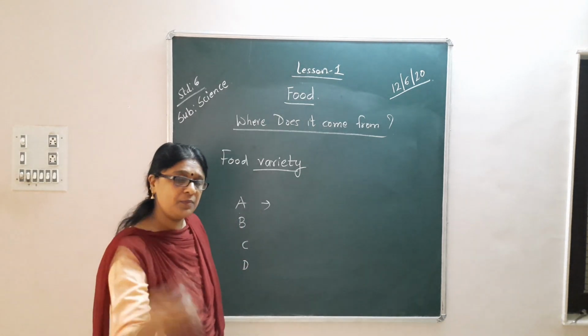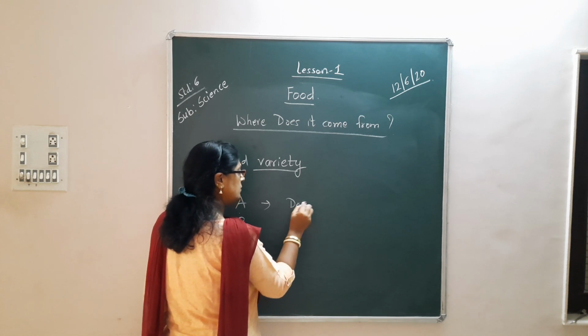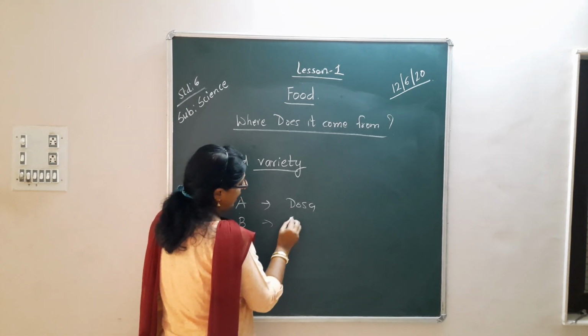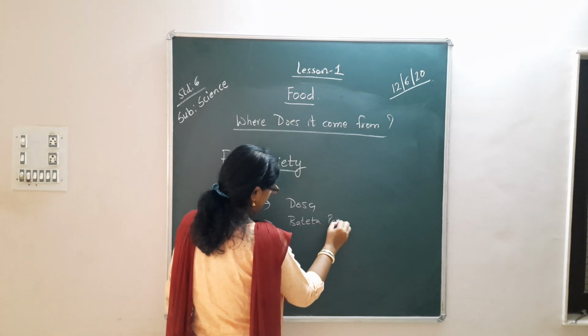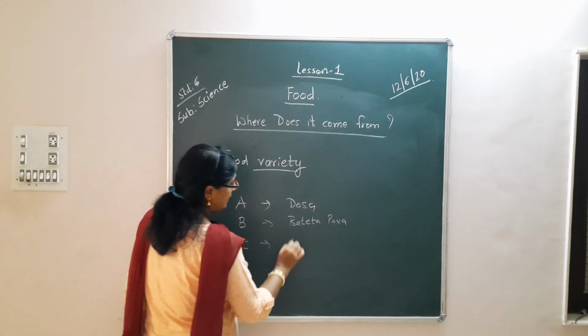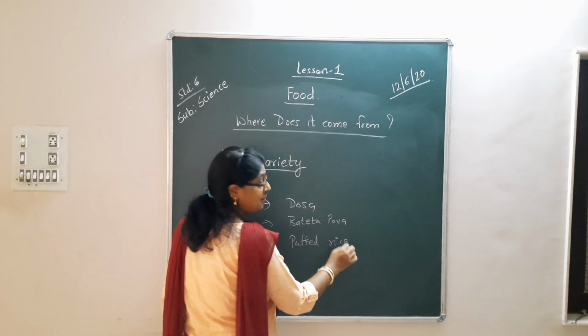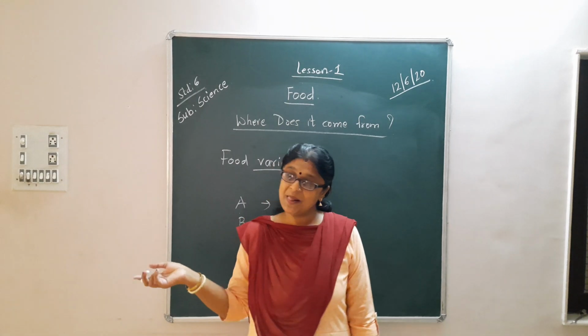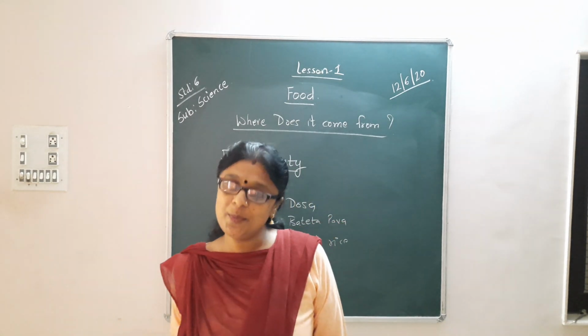If I just ask about the breakfast, some will tell me I had dosa. Some will tell me I had potato pova. Some will tell me I had puffed rice. What is the meaning of puffed rice? Can anybody tell me? Yes, it's the murmura that we eat. That is called puffed rice.